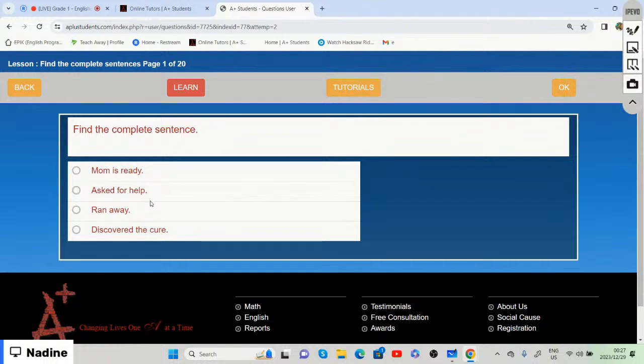Ask for help. Ran away. Discovered the cure. Which one do you think is a complete sentence that has both a naming part, which is a noun, as well as an action part, which is a verb?